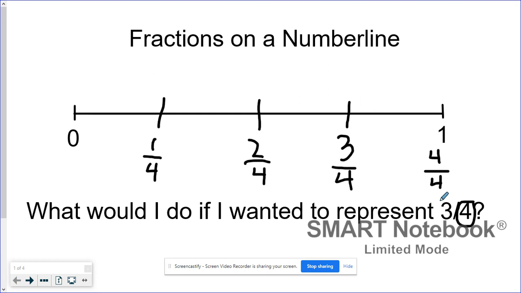The numerator is a 3. That means I am only looking at 3 parts of this whole. So 1, 2, 3. So right here would be 3/4. Okay.